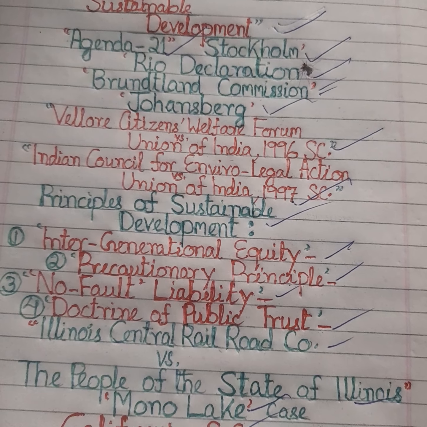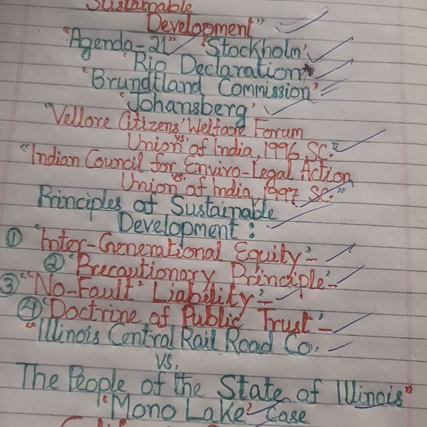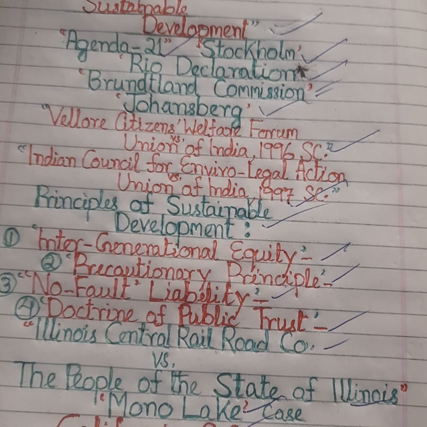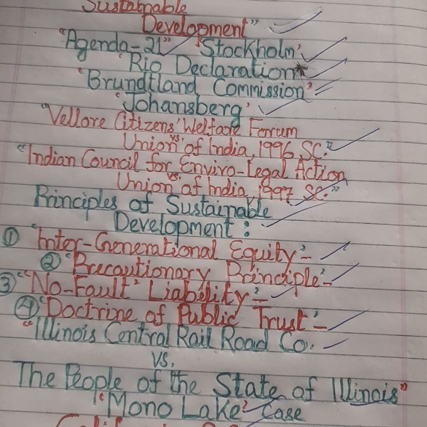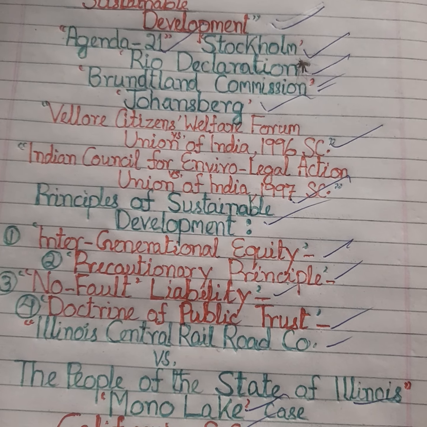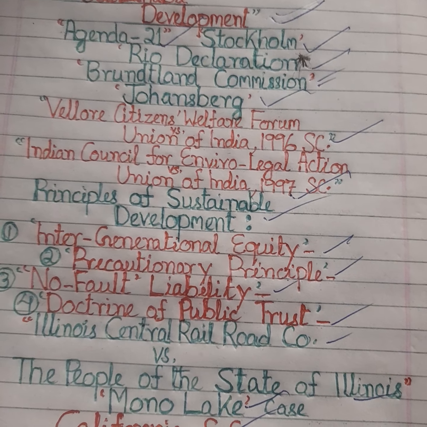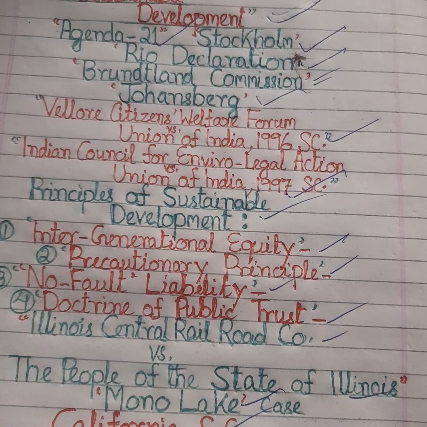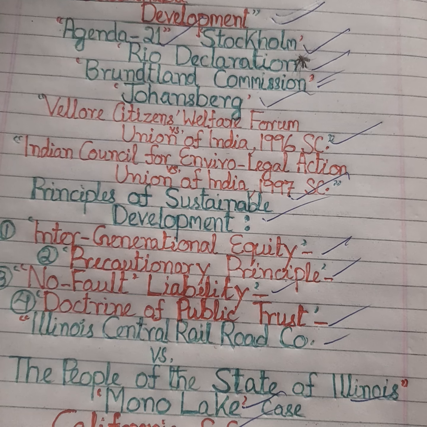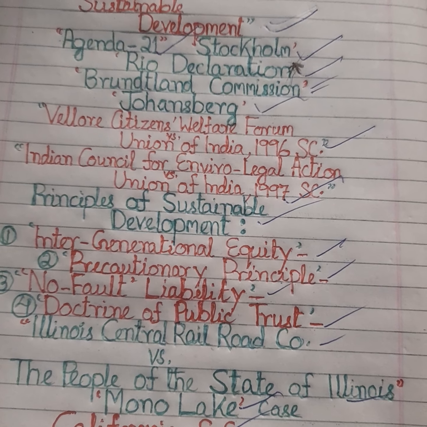And again, that idea was raised in the Rio de Janeiro Declaration of 1992 in Brazil at the Earth Summit, and Agenda 21, which was declared in the Rio Declaration, also heavily laid emphasis on sustainable development.